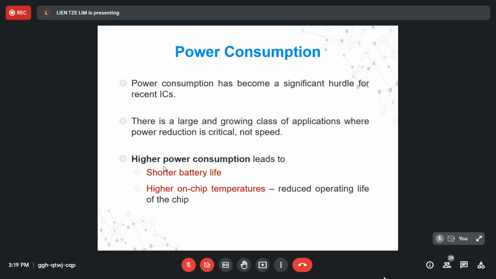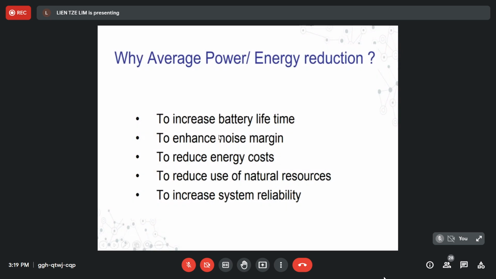Why is there a shorter battery life? Because of the high temperature caused by the heat dissipated in the devices. The temperature will cause the breakdown of the functions of the device. Why average power or energy reduction?